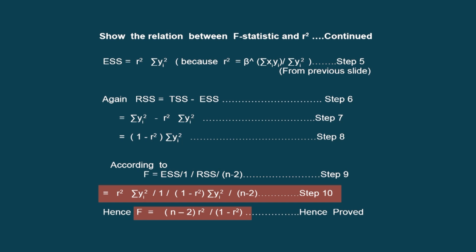So in this particular expression, we can see that F and r square can be related. Basically, F and r square can have a relationship in this manner. This is one of the steps which shows how the goodness of fit and the coefficient of determination can be related.